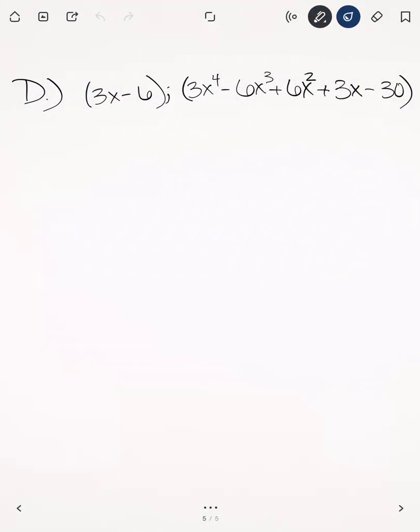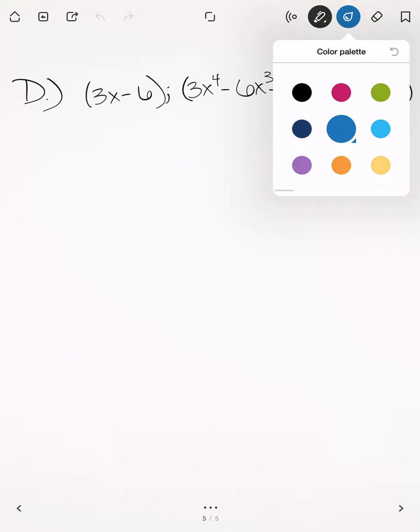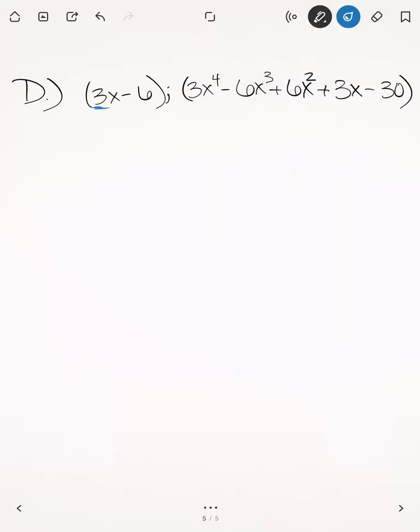The last example I have, if you notice this one, my binomial has something in front of the x. So when we have something like this, we have to divide everything by 3, even in the polynomial. You have to divide everything by 3 before you can do synthetic division, because we cannot have this number in front and do synthetic division.